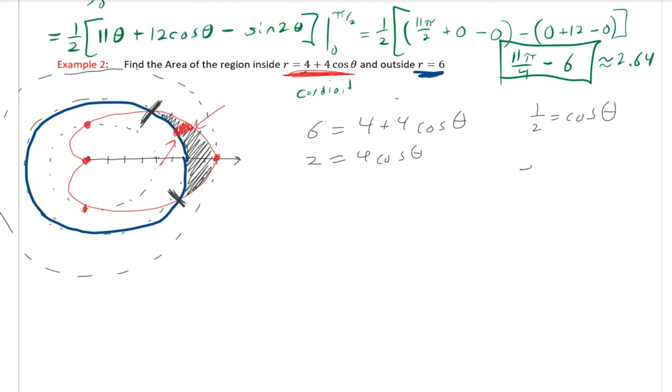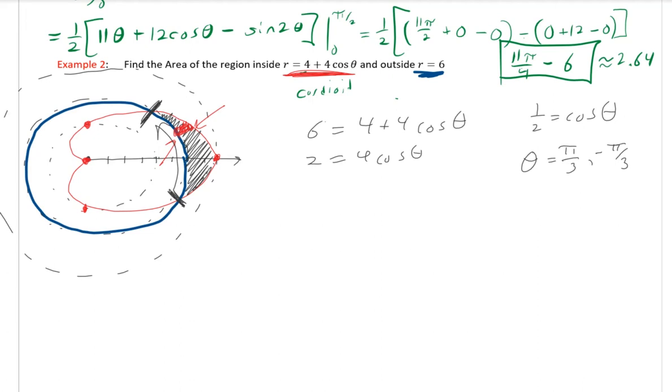And this may require trig knowledge, but cosine of theta equals 1/2 at a few places. It equals 1/2 at pi thirds, and also technically at 5 pi thirds. Or if I want to keep a clean sweep here, I'm going to say negative pi thirds.